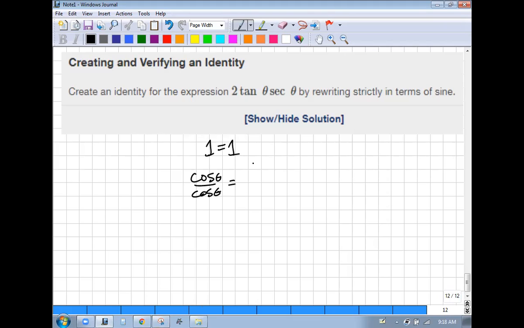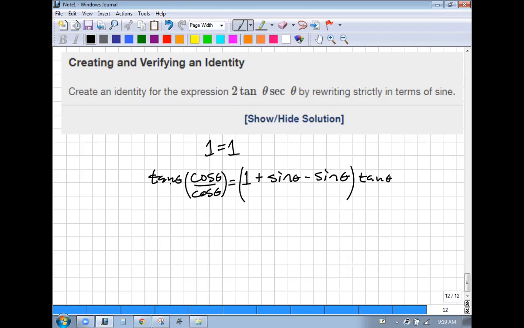And on this side, I'm going to add sine and subtract sine because that's just 0, right? So I started off with this. I added some stuff. Okay, now I'm going to add sine to both sides. No, I'm not. Let's see. I'm going to multiply both sides by tangent. I could do that, right?